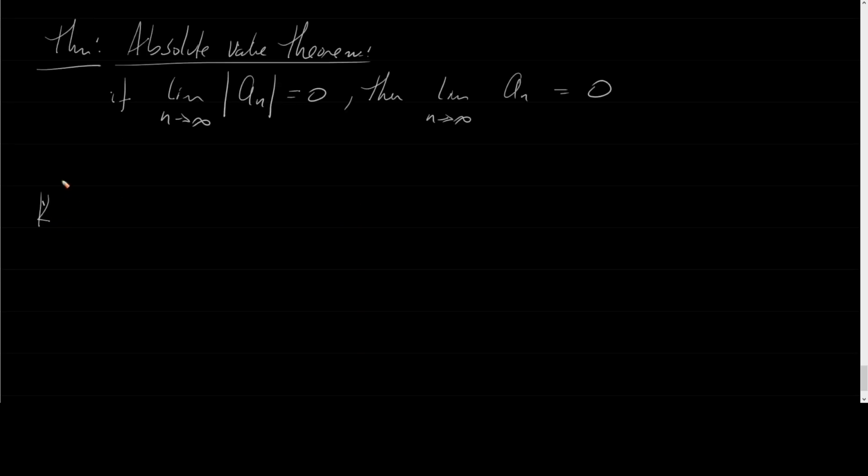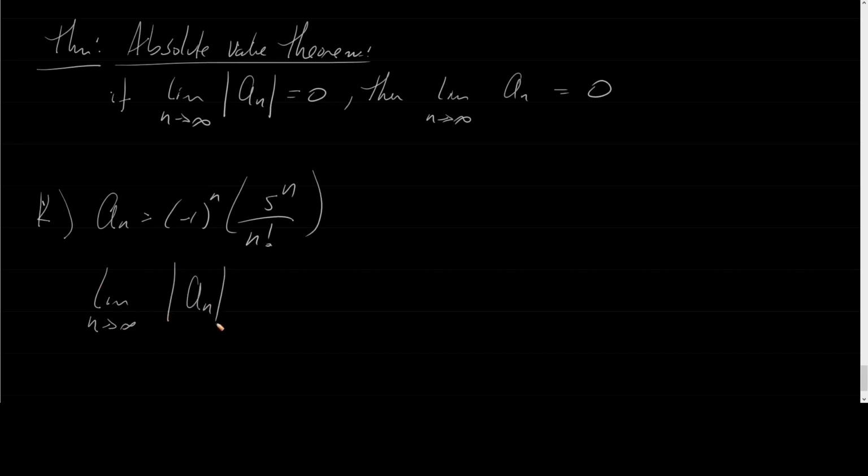So let's see. If I had a sub n is equal to negative 1 to the n times 5 to the n over n factorial. All right. So in here, what can we do? Well, we can take the limit as n goes to infinity of the absolute value of a sub n.